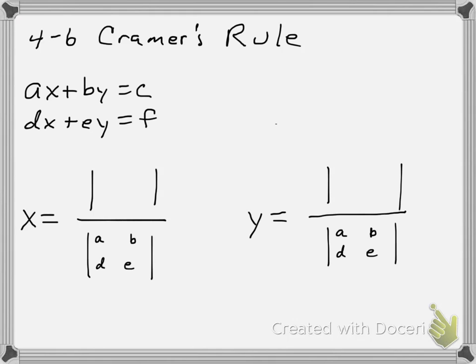So for x, for example, we're solving for x. The letters in front of x are A and D. So we're going to replace those two letters with C and F. And for y, we're going to replace the letters B and E with C and F. Another way to say that is the C and the F are on the outside of the top.